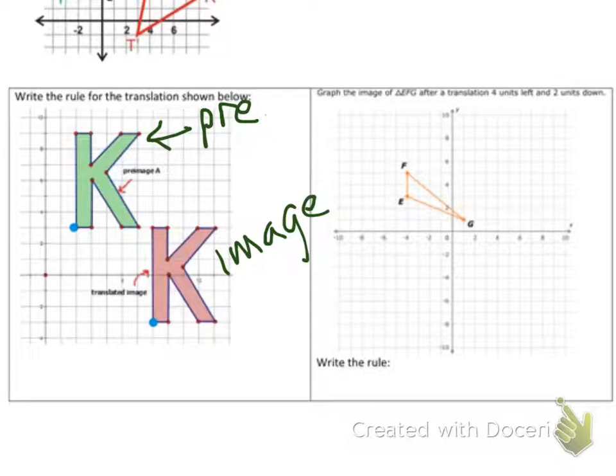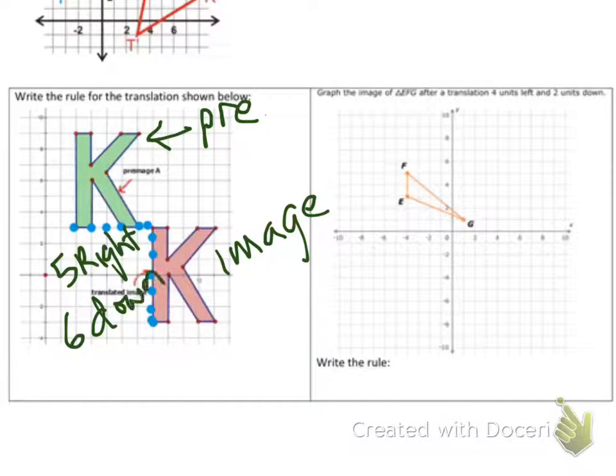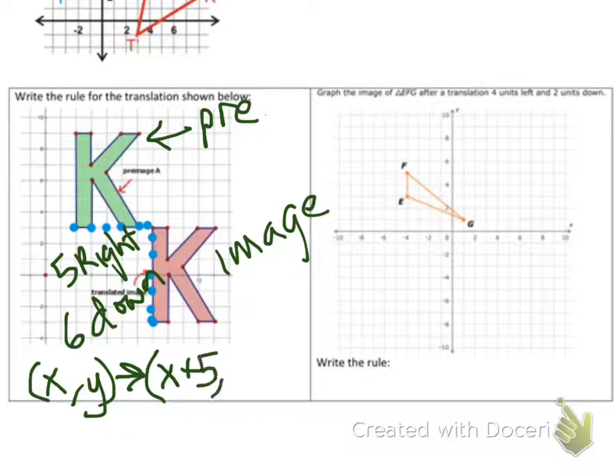So that is 1, 2, 3, 4, 5 units to the right, and 1, 2, 3, 4, 5, 6 units down. So as a translation, I would write that as x comma y, that's my starting values, go to, and every x value becomes x plus 5. And every y value becomes y minus 6.